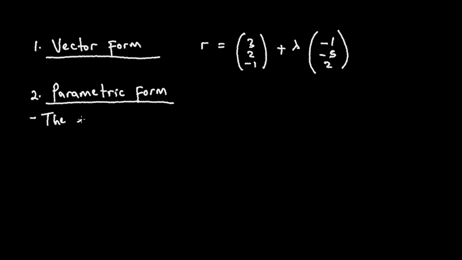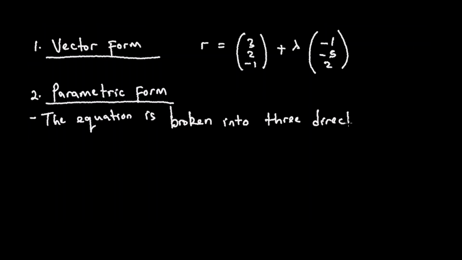The equation is broken down into 3 directions, or dimensions. What are these 3 directions? X, Y, Z. So how do we do that?